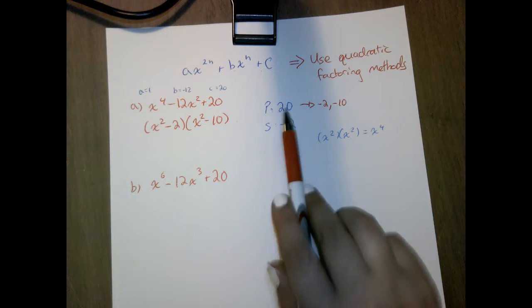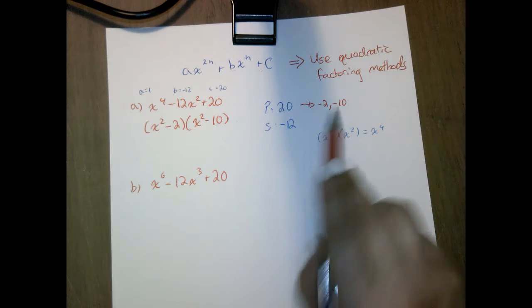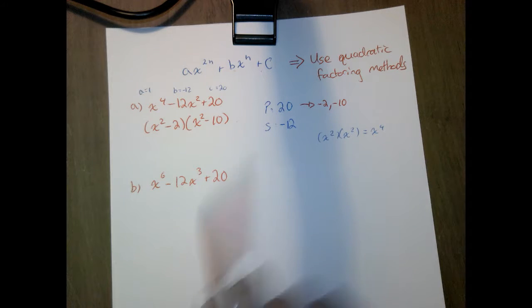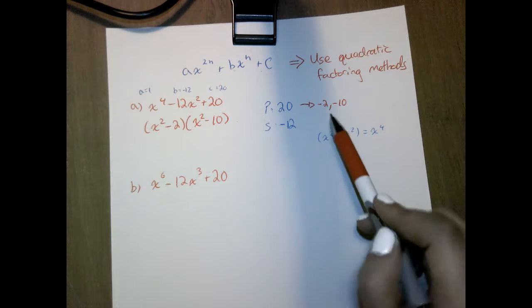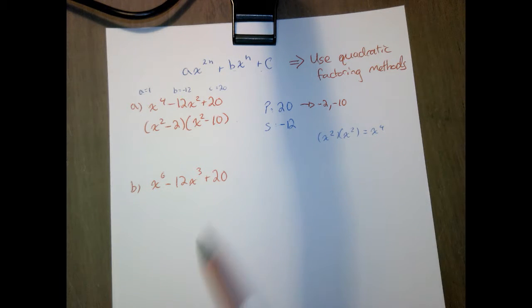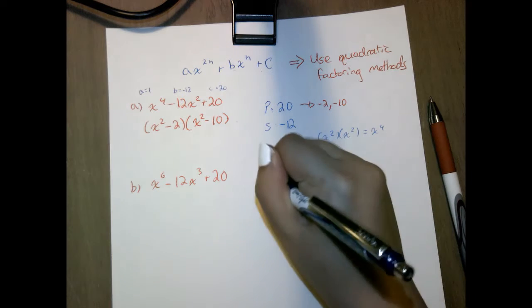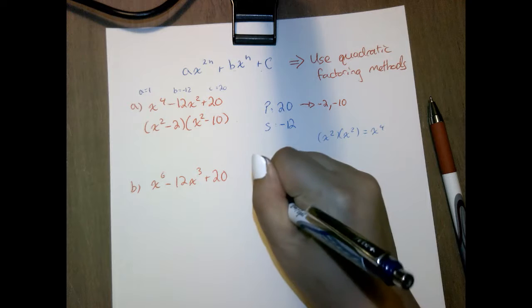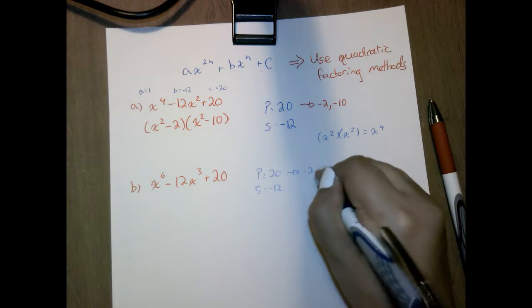So since this has the same product and sum as in the first example, it also has the same factors, negative 2 and negative 10, multiply to positive 20, and add to negative 12. So it's the same idea here. I have a product of 20, a sum of negative 12, negative 2 and negative 10.